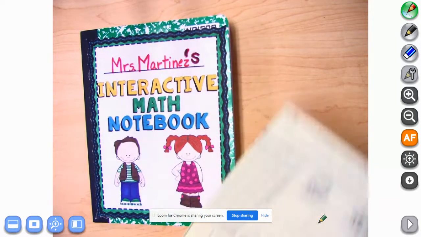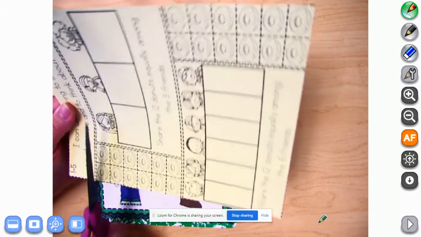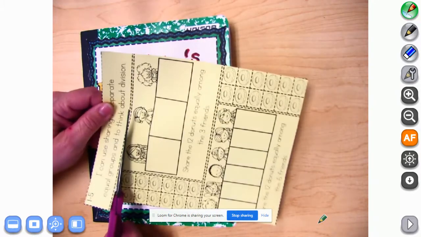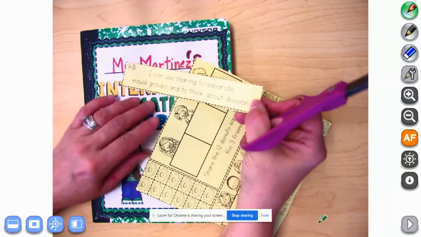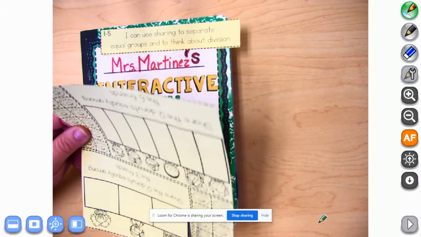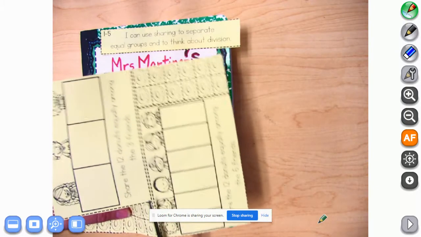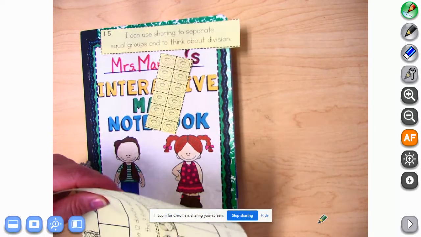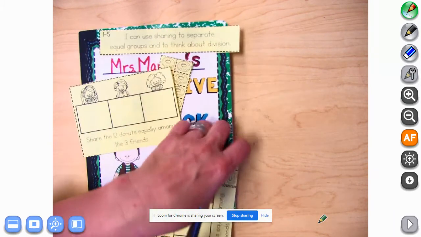We're going to throw those away. Okay, and then now I'm going to cut off this top part here that has what it is I'm doing. Put that to the side. And now we're going to cut out these donuts. Cut that pile out. And then we're going to cut out this pile over here.